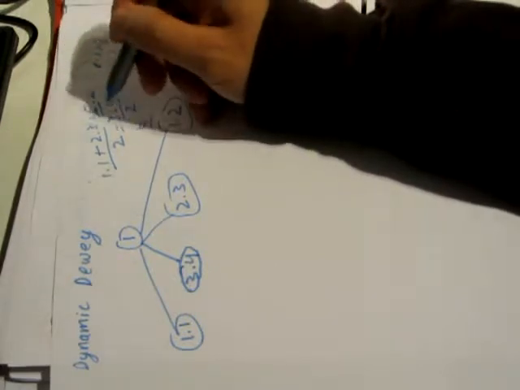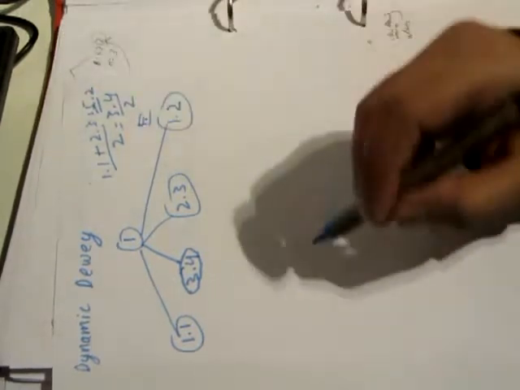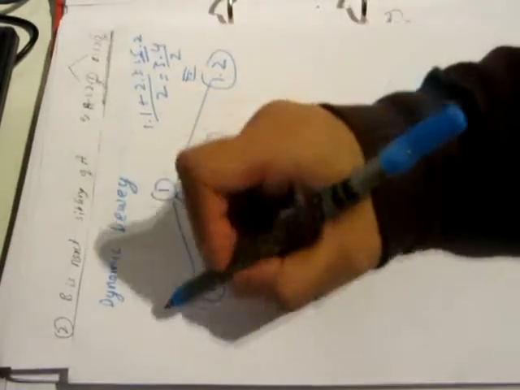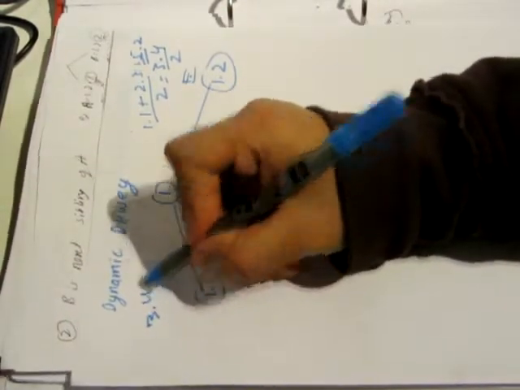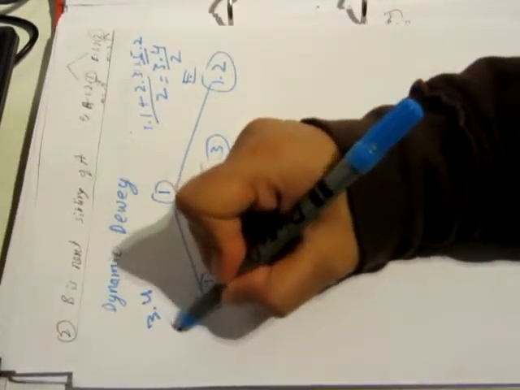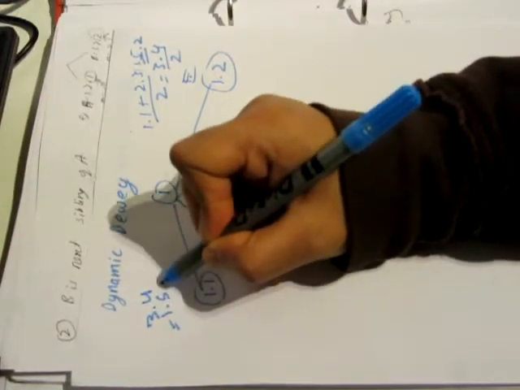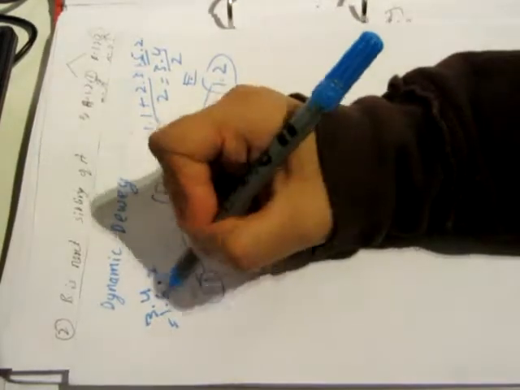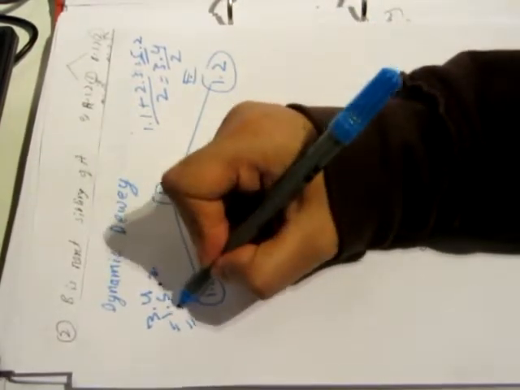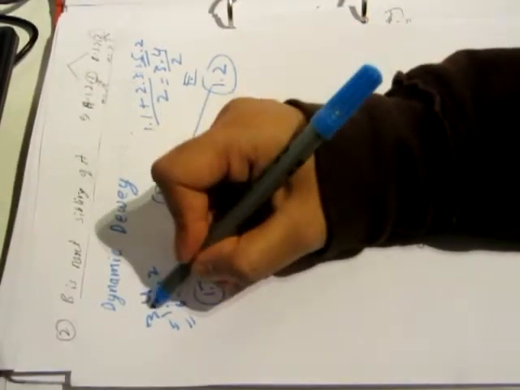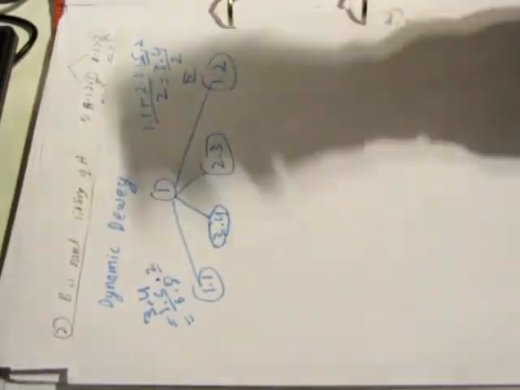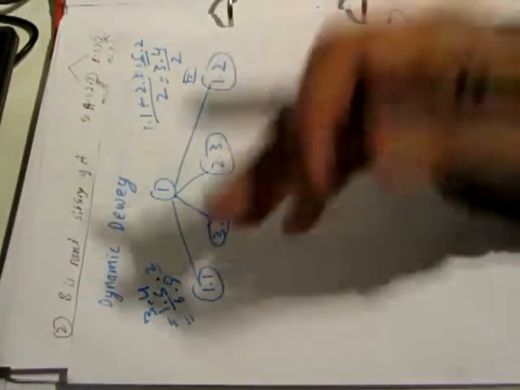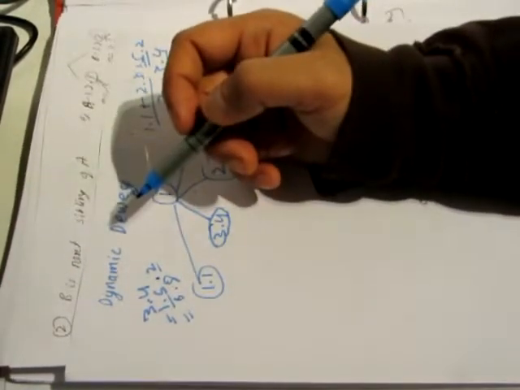So we write 3.4. And remember, in dynamic dewey, 3.4 is also equal to 1.5.2, and 3.4 is also equal to 6.8. We just multiply by 2 on the left hand and right hand, or each step in the point.